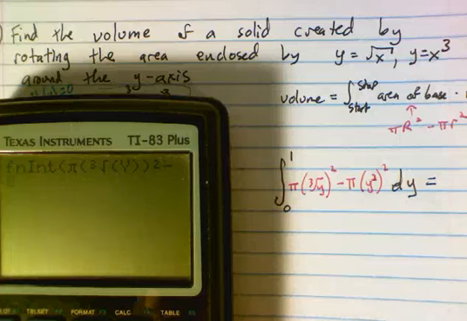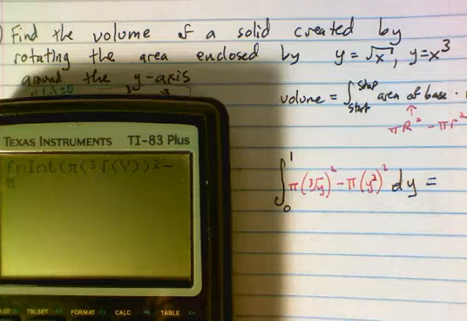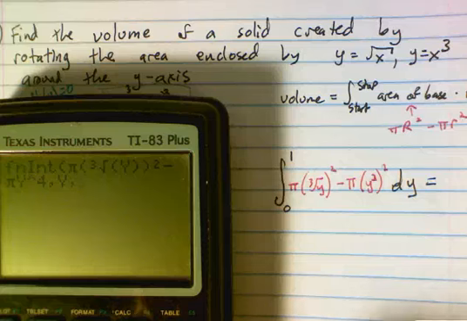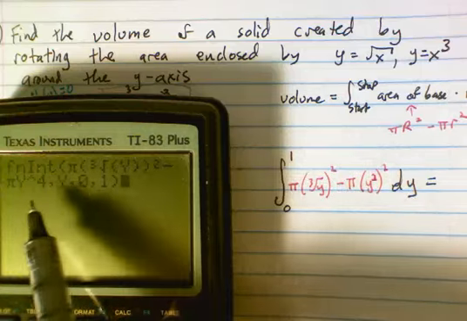And we're going to subtract pi. Y squared squared is y to the 4th. Our variable is y, going from 0 to 1. Make sure I have my parentheses right. Yes, cubed squared. Should be good.